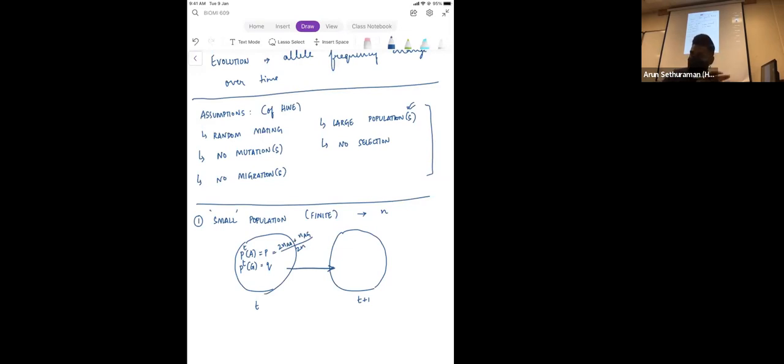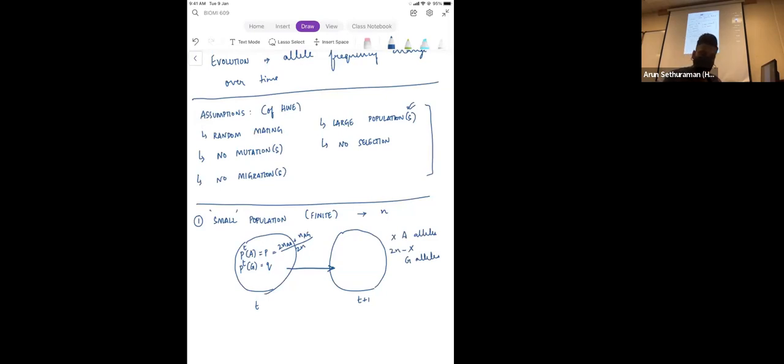And let's say during this process, I have sampled a total of X A alleles and 2N minus X G alleles. So X is the total number of A alleles that I've sampled, and 2N minus X is the total number of G alleles that I've sampled, right?